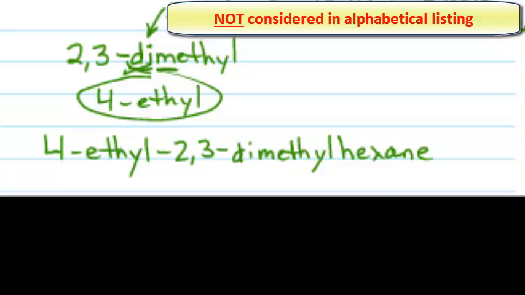So I always want to name out those substituents of the same priority in alphabetical order. The way that they're numbered on the carbon chain, wherever they fall is wherever they fall. Final name of this compound: 4-ethyl-2,3-dimethylhexane.